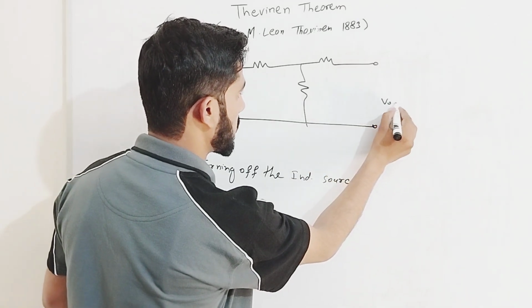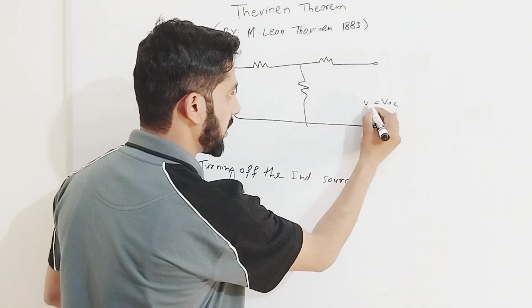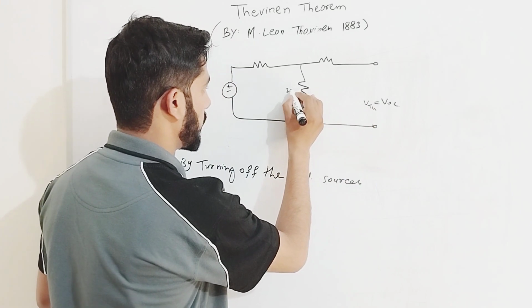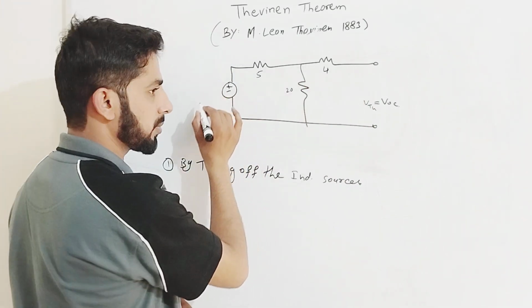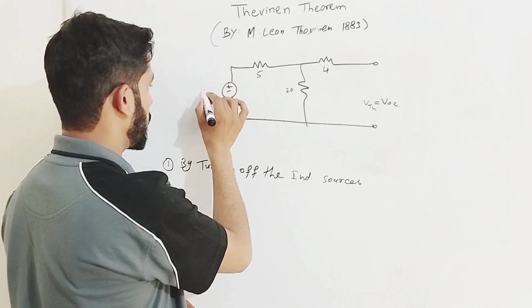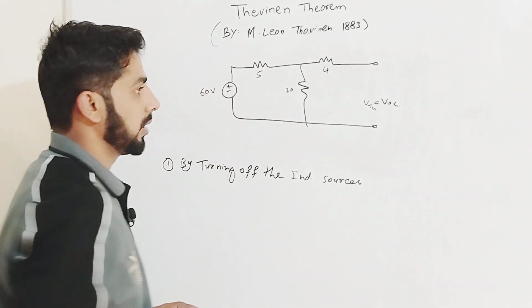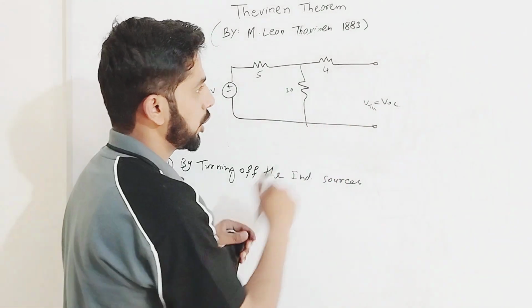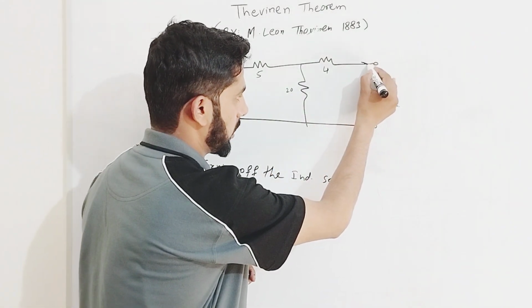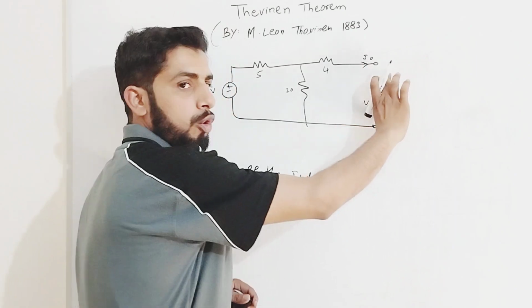This is my open circuit voltage, equal to the Thevenin voltage source. This was my 20 ohm, this was my 5 ohm, this was my 4 ohm, and this was my 60 volts. We see here no current flows from this point. I is equal to 0 because it is an open circuit.